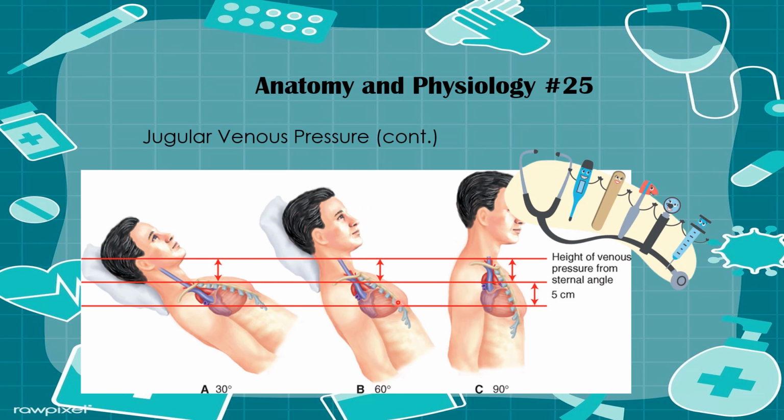Here, the JVP measured 4 cm above the sternal angle or more than 9 cm above the right atrium, which is considered abnormal. The techniques of measuring the JVP are described in your book on pages 395 to 397.